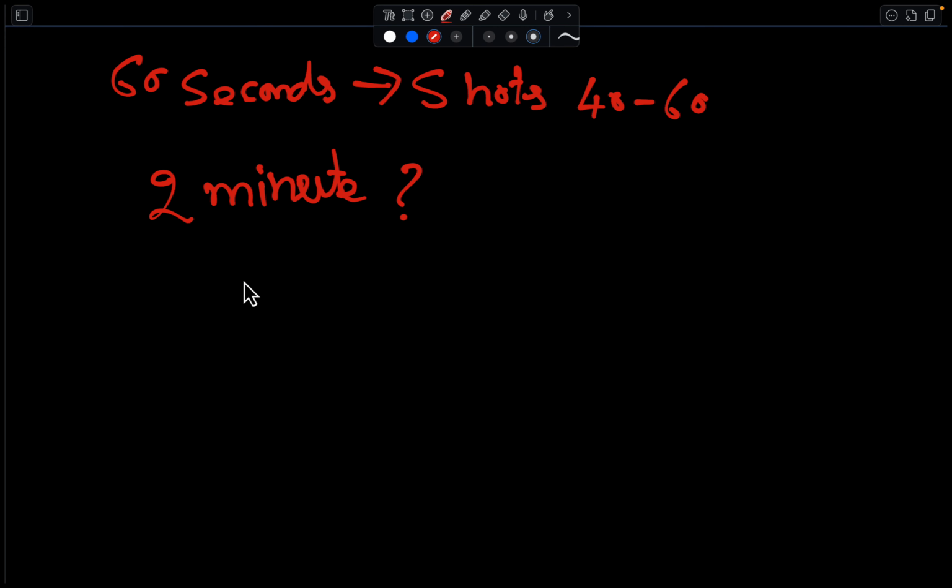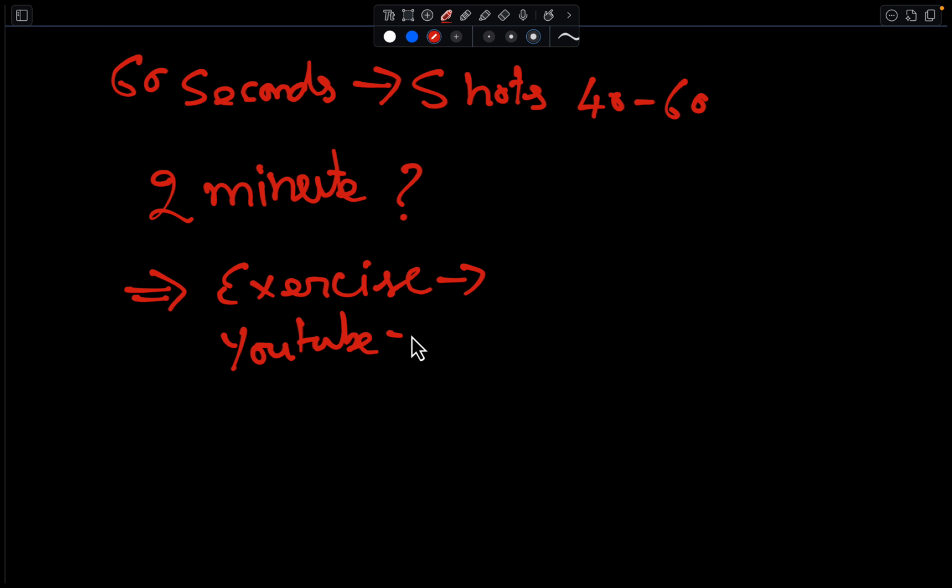You can do an exercise: take any particular advertisement. You can go to YouTube and take any ad from YouTube. I want you to count the number of shots that the ad is made of.